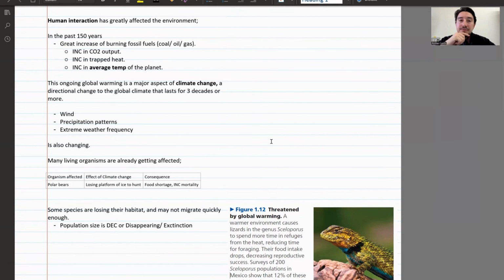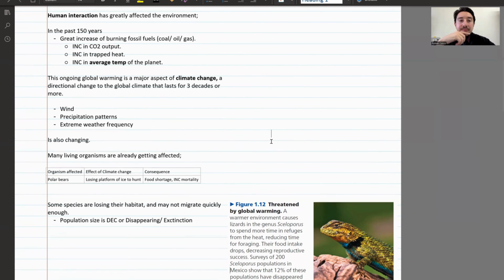We all know fossil fuels consist of coal, oil, and gas, all the things we use in our daily life. There's a net increase in carbon dioxide output, an increase in the amount of heat trapped in the environment, and unfortunately, a net increase in the average temperature of the planet. Climate change and global warming, and so forth.